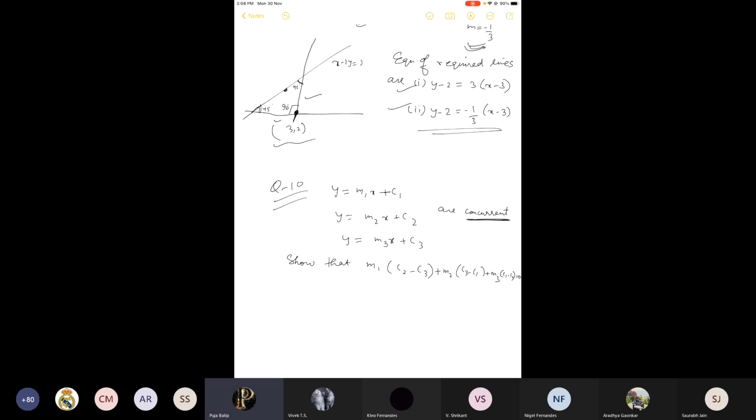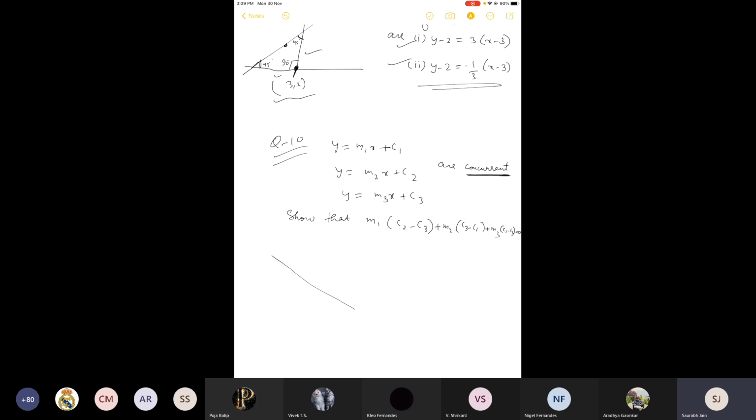Lines passing through the same single point. Yes, correct. Lines are passing through a single point. That means two or more lines are said to be concurrent if they have a common point of intersection, or if all of them pass through the same point, like the given graph. So this is sufficient to prove this question.